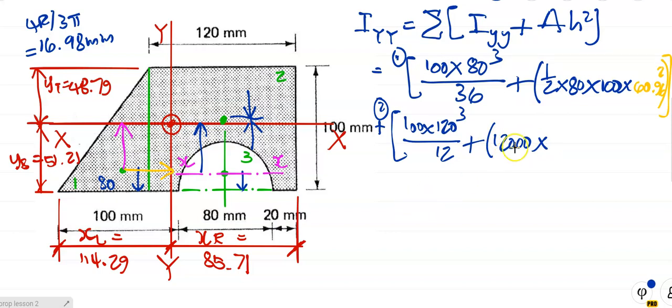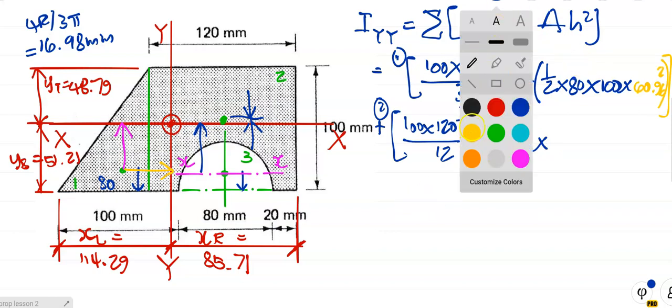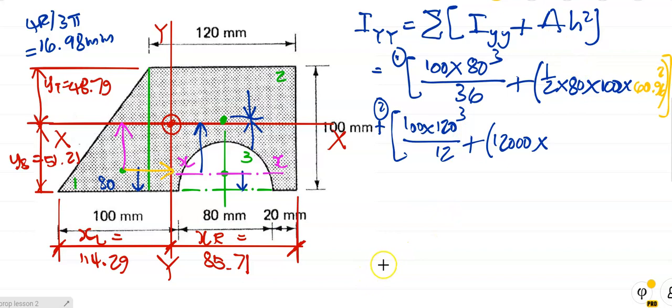Okay. Right, H. What's H? H is distance from the centroid of the element to the centroid of the whole cross-section. Did you get that? H is the distance from the centroid of the element to the centroid of the whole cross-section. And it is equal to x right minus 60.